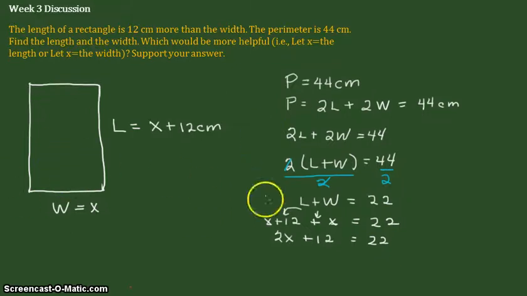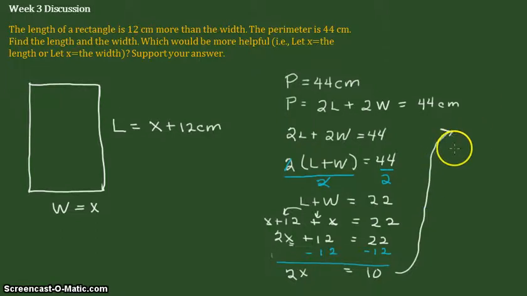And so what we need to do is get x by itself. So we are going to subtract 12 from both sides, and that leaves us with 2x equals 10.